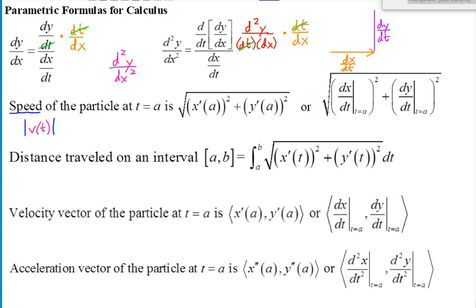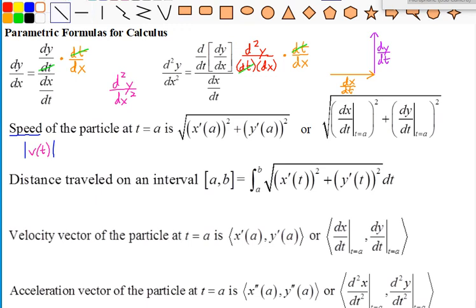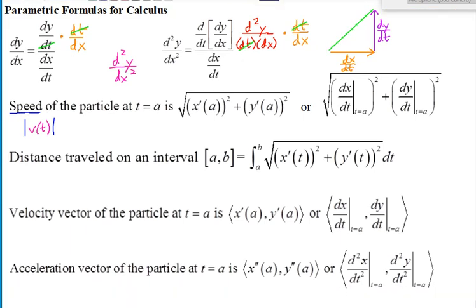But speed, we want to incorporate both of those to see how fast it's really moving. Because really, if this is the horizontal component of velocity, and this is the vertical component of velocity, then the speed vector actually looks, because it has two components to it, like this. It's actually moving in that direction. It's just we're splitting it up into its two different components: horizontal velocity and vertical velocity.